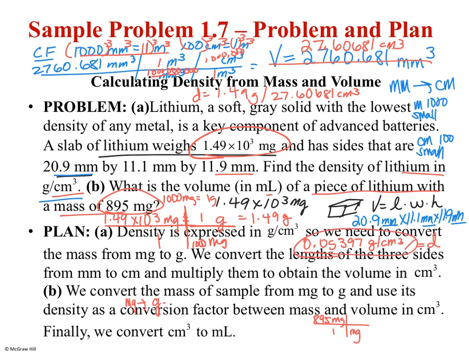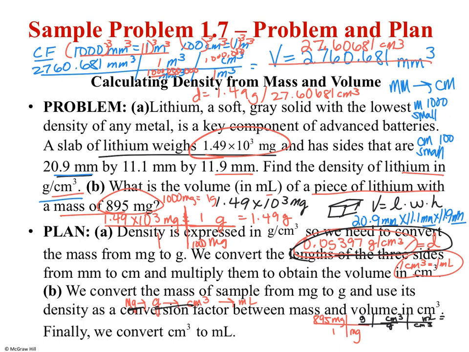So we can go from grams to centimeter cubed, and then centimeter cubed to milliliter, because remember, 1 centimeter cubed equals 1 milliliter. That's a conversion factor. Gram on bottom, centimeter cubed on top, and then centimeter cubed on bottom, milliliter on top.